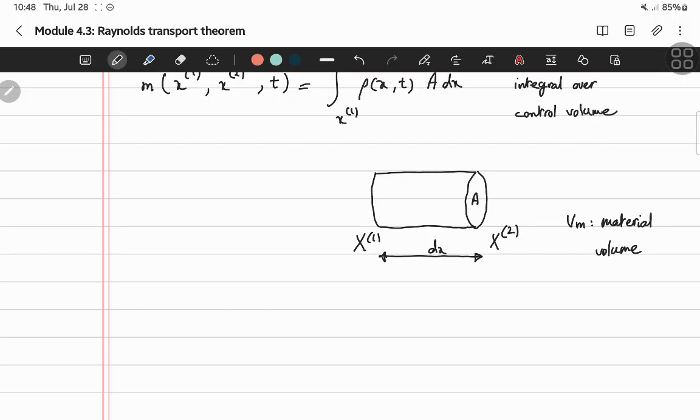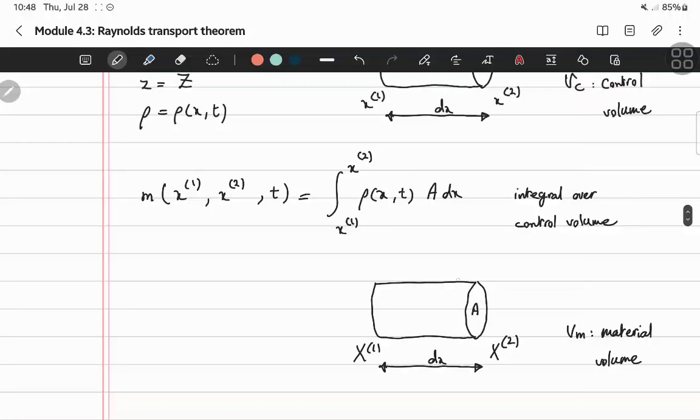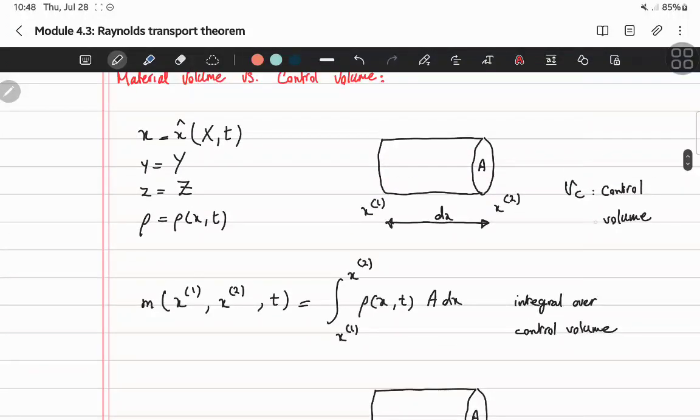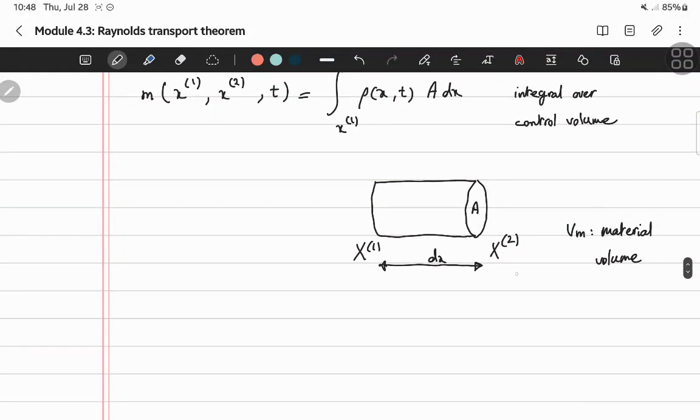I'm going to use this kind of notation to differentiate between this material volume and this control volume. So this is in the reference configuration. Since this is in the reference configuration, we use capital M, and we know that here M is a function of X1, X2, and we have time as well.